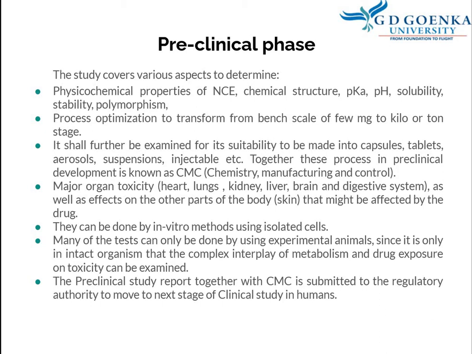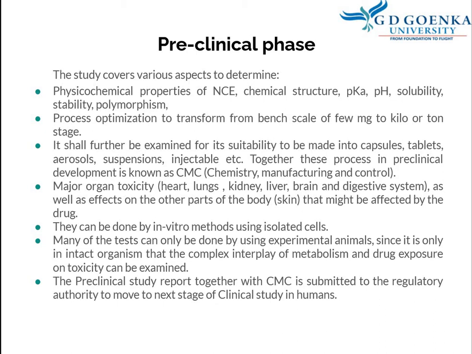It should further be examined for its suitability to be made into a suitable dosage form, whether to be formulated into a capsule, tablet, aerosol, suspension, or an injectable dosage form. Together, these processes in preclinical development are known as chemistry, manufacturing, and control.